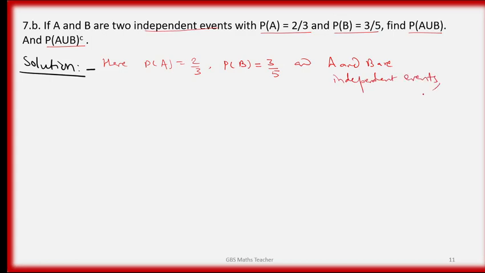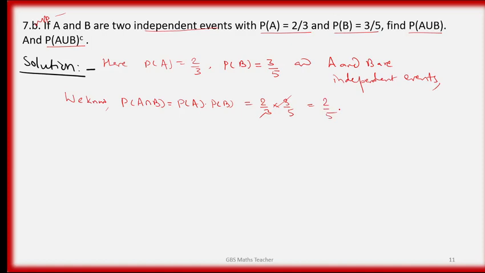So we know that probability of A intersection B equals probability of A times probability of B equals 2 by 3 times 3 by 5 equals 2 over 5.